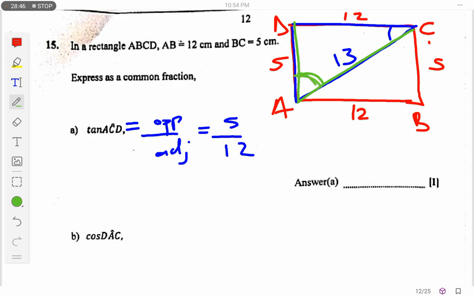Cos is equal to adjacent over hypotenuse. So the adjacent of that angle is 5 over the hypotenuse, 13, like that.